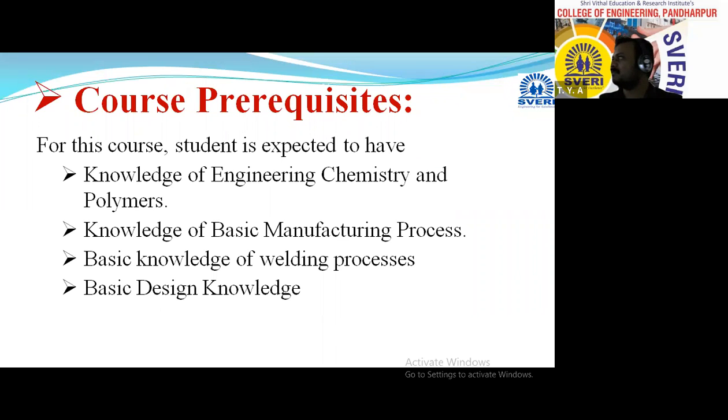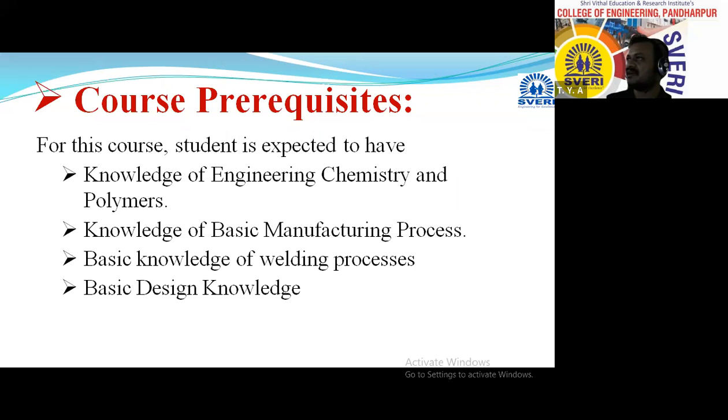You should have some basic knowledge related to what is the meaning of polymer and what is engineering chemistry, means different materials in short. How we are classifying the materials, that knowledge you should have. Then the basic knowledge related to the manufacturing processes. I think this syllabus is there in your SY, second year first semester.